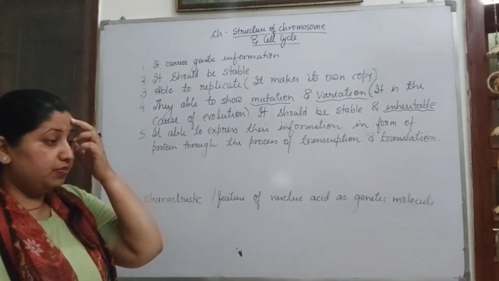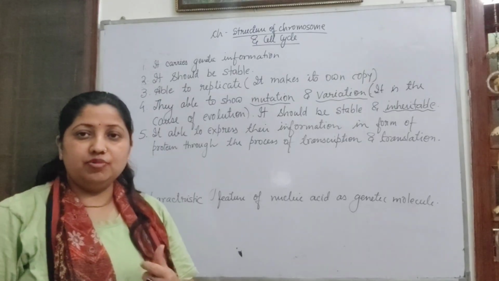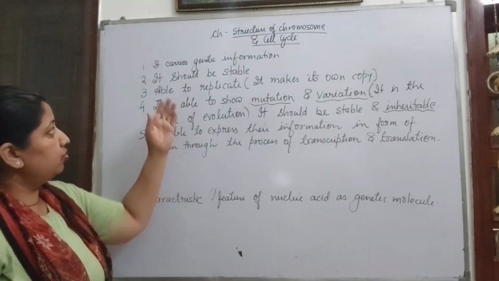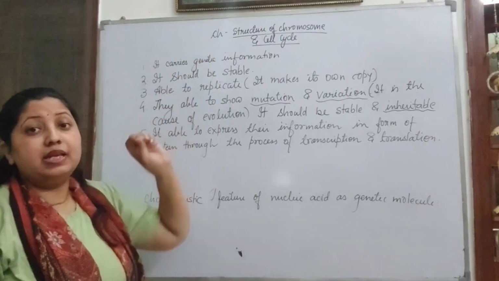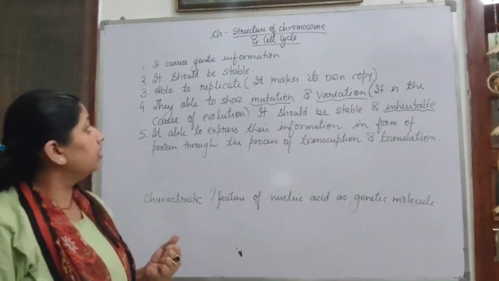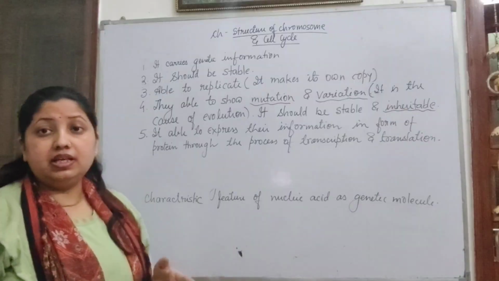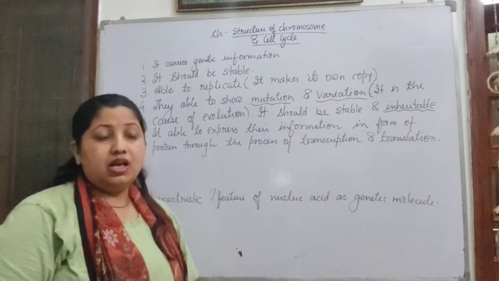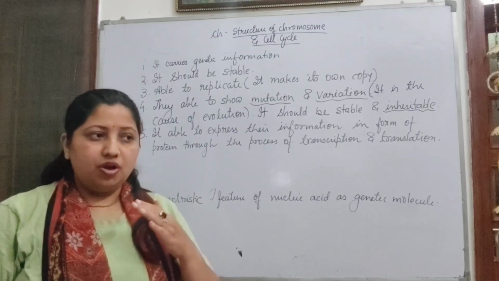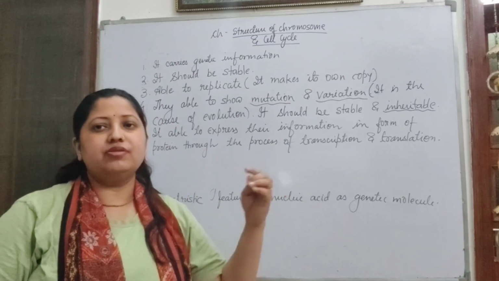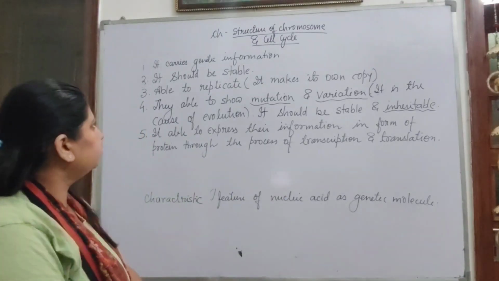So if we have a genetic molecule, it is able to show some features. The features like it is able to carry the genetic information. It should be stable, यानी कि नेचर में स्टेबल होना चाहिए. अगर वो बार बार चेंज होगा तो फिर प्रॉपर्टी बदल जाएगी और जो कैरेक्टर्स हैं वो एज इट इज ट्रांसफर नहीं हो पाएंगे.